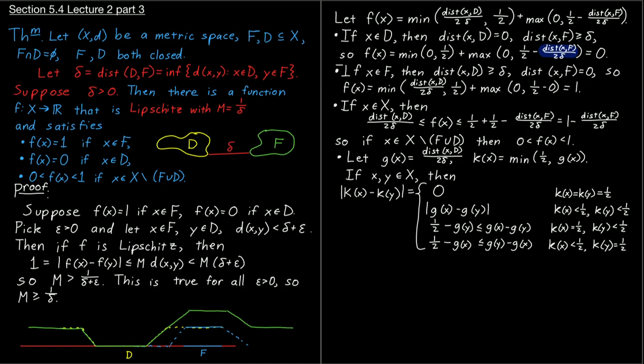So in any case, k of x minus k of y is less than or equal to g of x minus g of y. And because g is the distance function, which is Lipschitz, and then the 1 over 2 delta, that's at most 1 over 2 delta distance from x to y.